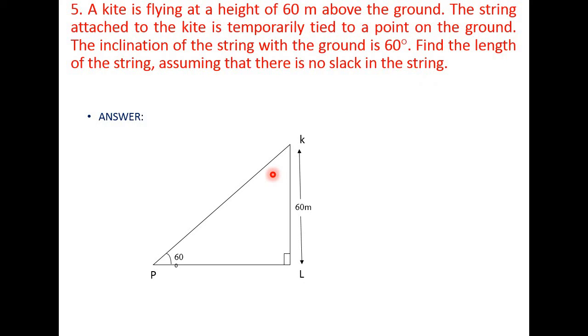So here KL is the height of the kite, where K is the point that shows the position of the kite, which makes an angle of 60 degrees to the ground.